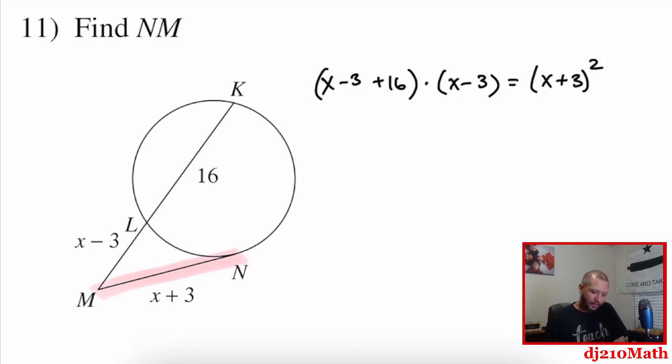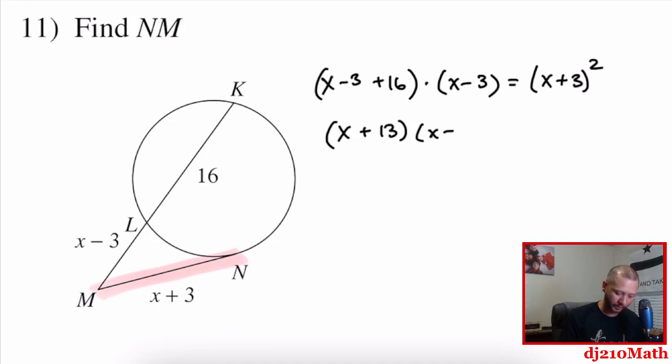Okay, this is going to be interesting. So simplifying everything, we're going to have (x + 13) times the outside part, which is (x - 3), and this is going to be (x + 3) squared, which means (x + 3) twice.